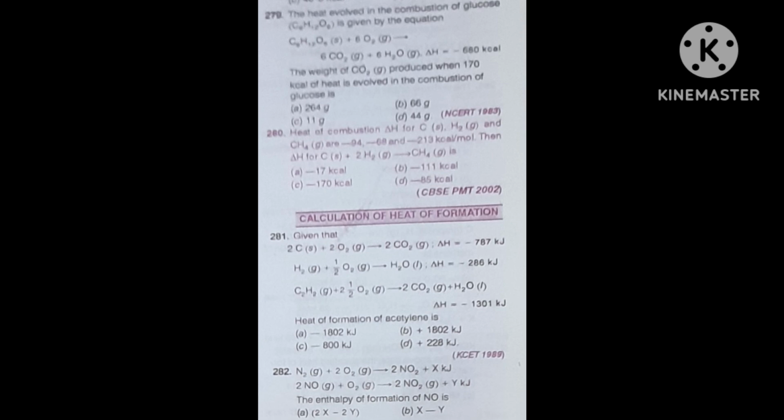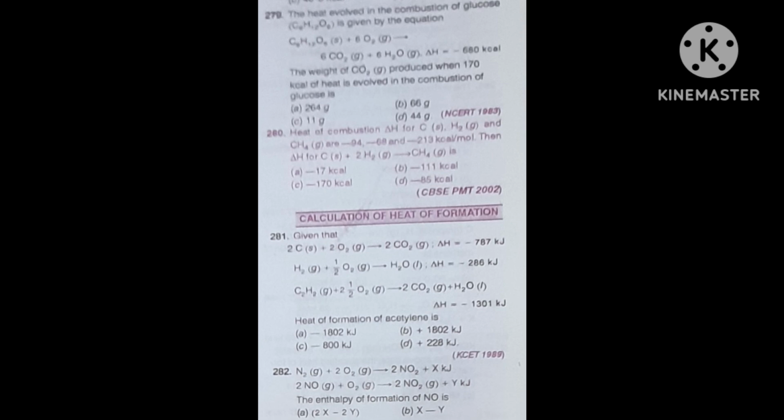R is 1.98 calories, roughly 2 you can write. That is why you have written 2 and divided by 1000, because you converted calories into kilocalories.